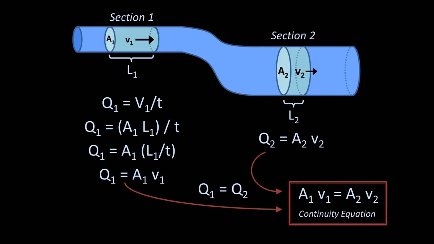That is, what passes through section 1 must pass through section 2. Volume of fluid isn't lost or created somewhere in between the two. Compressible fluids also have a continuity equation, but it's a bit more cumbersome and with few applications outside of physics and engineering. Let's do two examples.